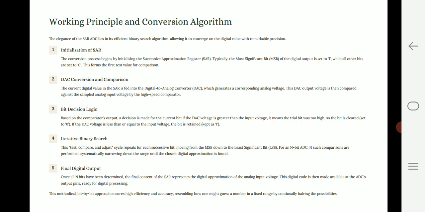The iterative binary search can be explained as test, compare and adjust. That's it. And finally we get the digital output.